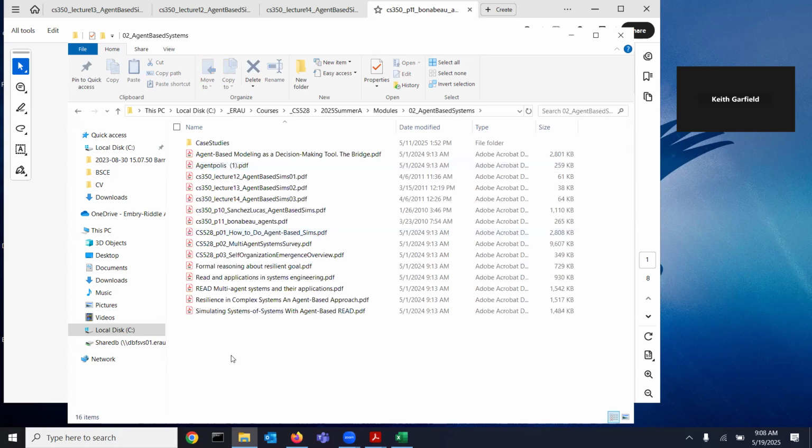The one listed as C350 P11, paper 11, Bonobo, is like the best agent-based paper ever. If you only read one of these papers, read that one. It's a great summary, and it's a little dated, but things haven't changed much in terms of how we can categorize things.